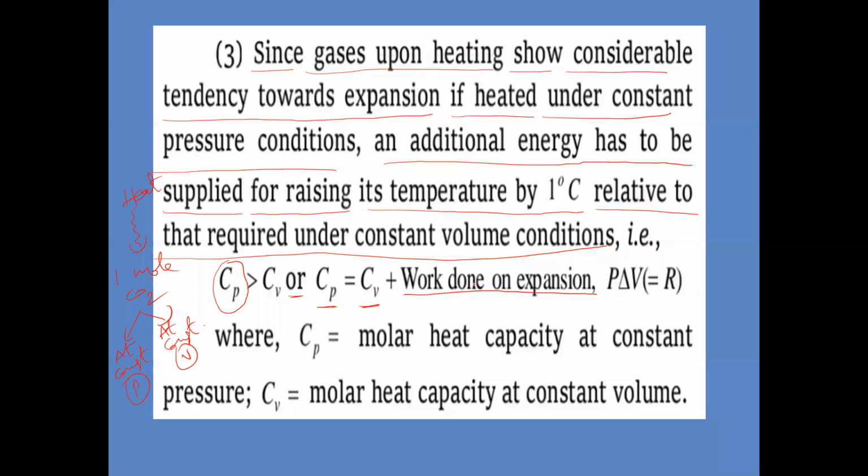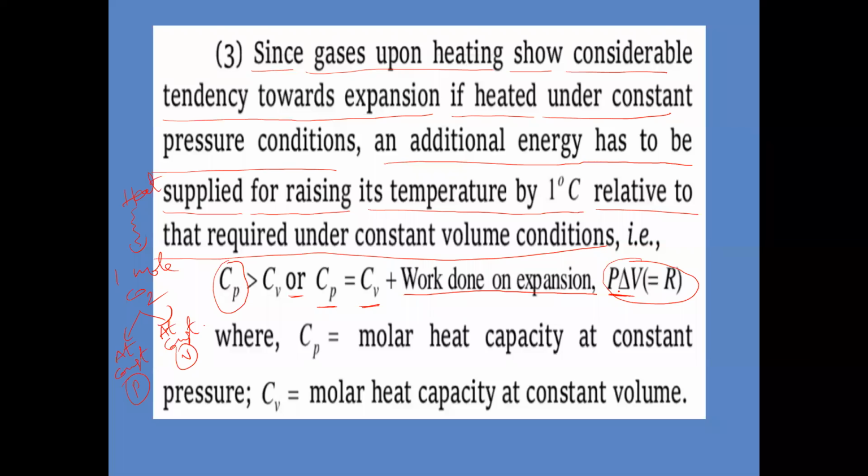As the gas is doing some work, we have to supply some extra energy at constant pressure. So Cp is equal to Cv at constant volume plus the work done on expansion, which is P delta V.